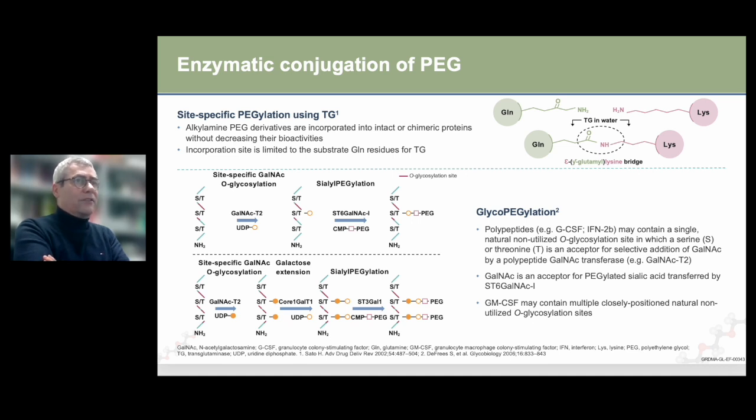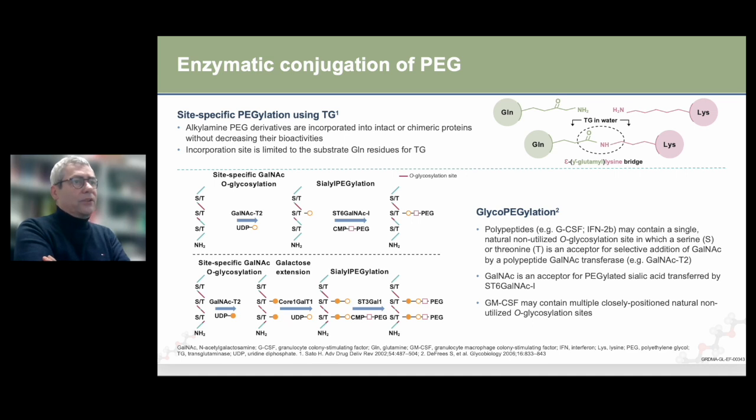Transglutaminase allows for the conjugation of amino groups to glutamine groups, and so it is possible to use a PEG terminating with an amino group to conjugate to the glutamine functional groups of proteins or vice versa. And this is very interesting because enzymes are very specific in the substrate of conjugation.